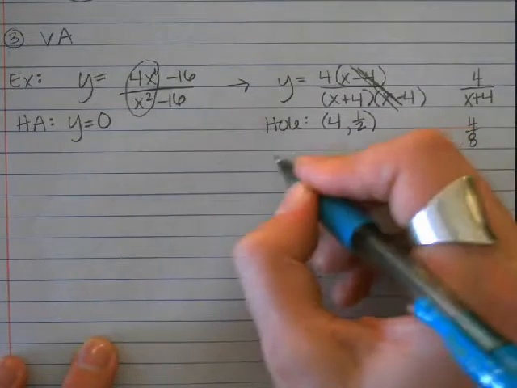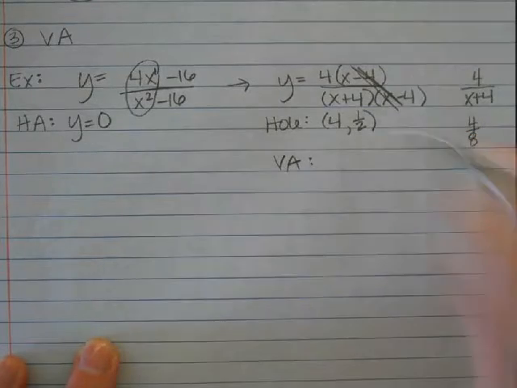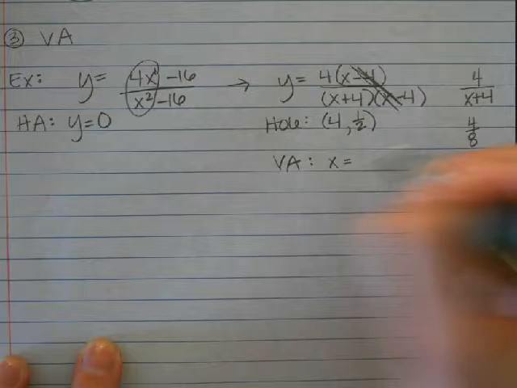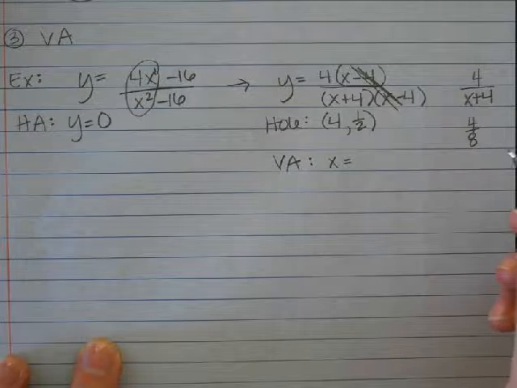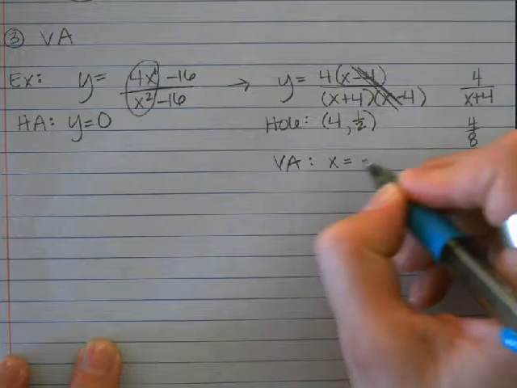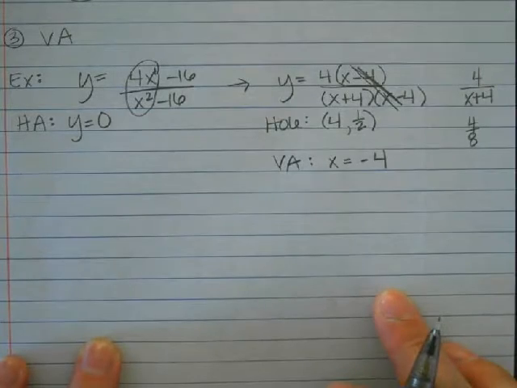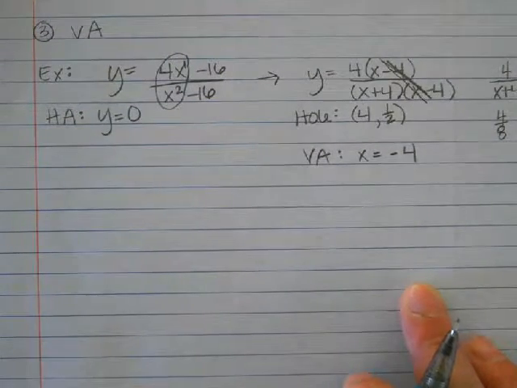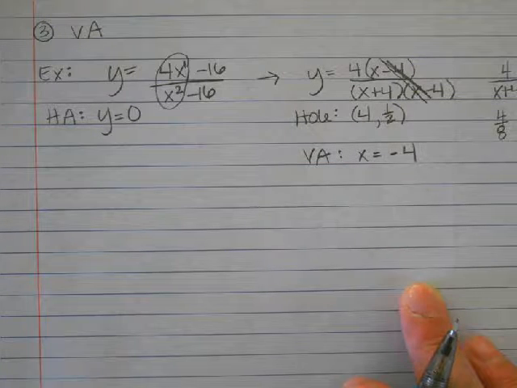We also have a vertical asymptote at x equals negative 4. That's the only information you need to find your applicable limits.